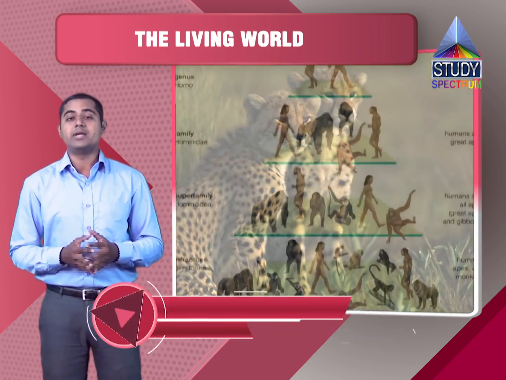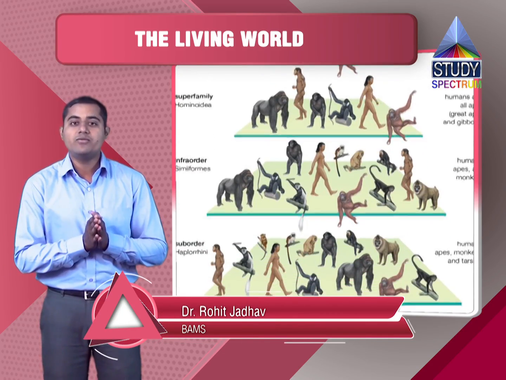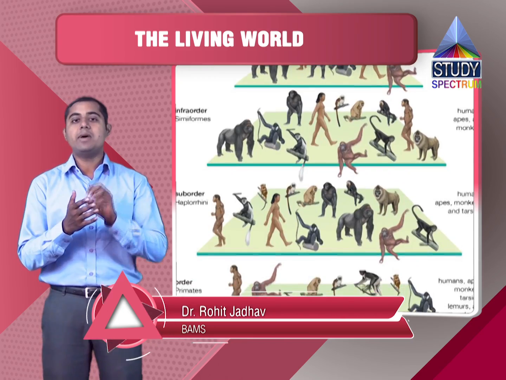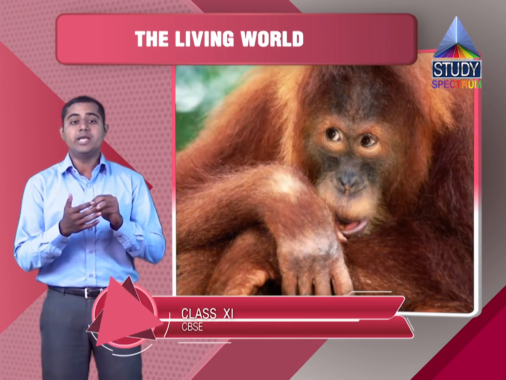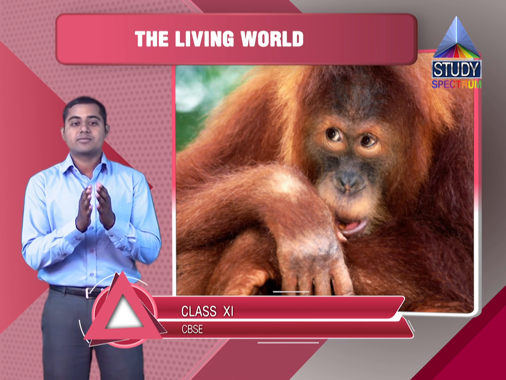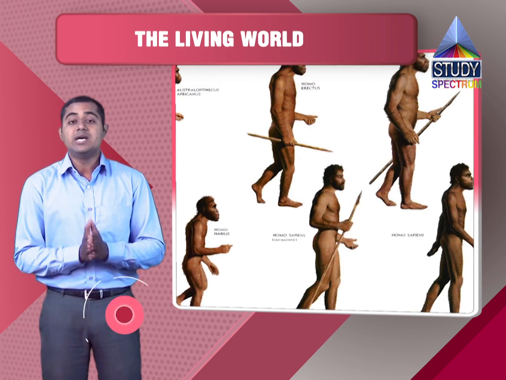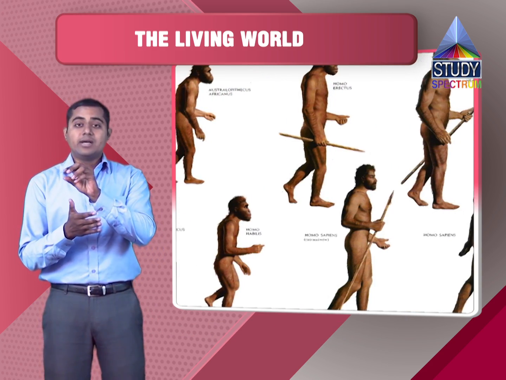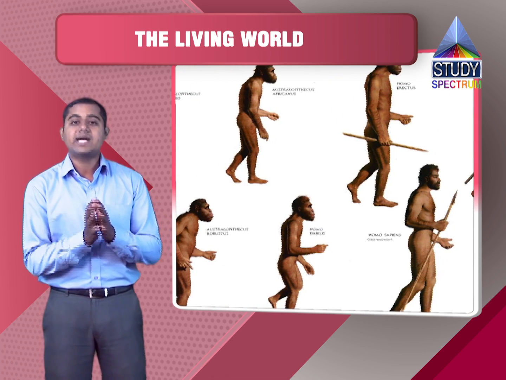So as a human being, in this scientific taxonomical categorization, where do we fall? We fall under kingdom Animalia, in phylum Chordata, in class Mammalia, in order Primata, in family Hominidae, genus Homo, species sapiens. This is how we classify any single species in these taxonomic categories.